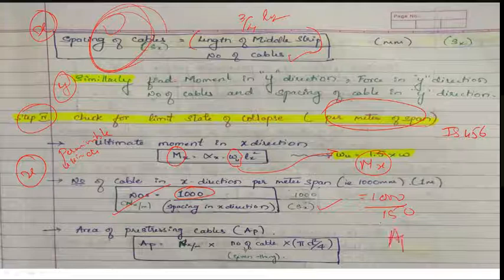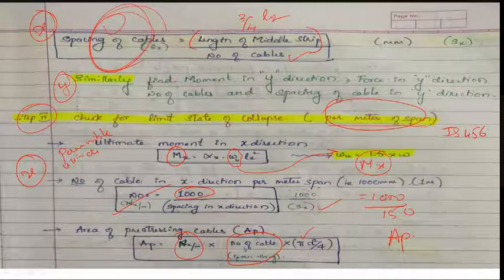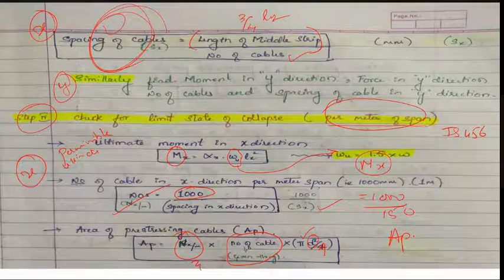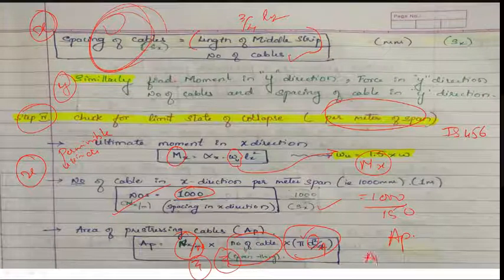AP is nothing but the area of pre-stressing steel, number of bars, number of cables he has given in the question, 5, and in the question also he will give the diameter of the bar or the cable, just substitute. Just take care that here you will get two numbers, not only one number, that is number of bars per meter. For 1 meter how many bars do we require, and number of cables he has given, and the area. So we will get the value of AP.